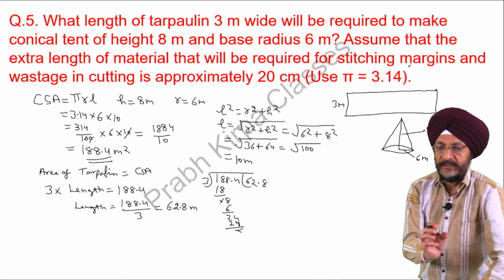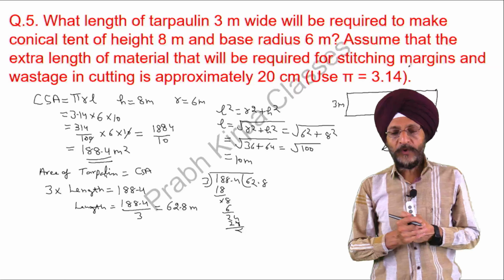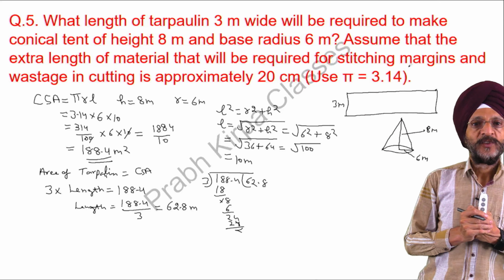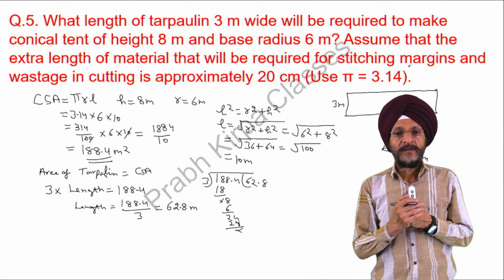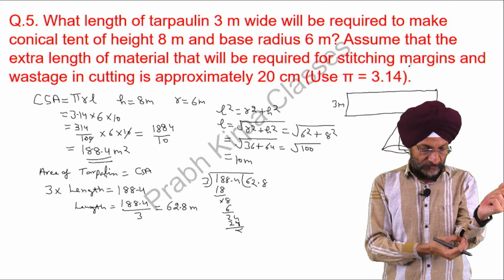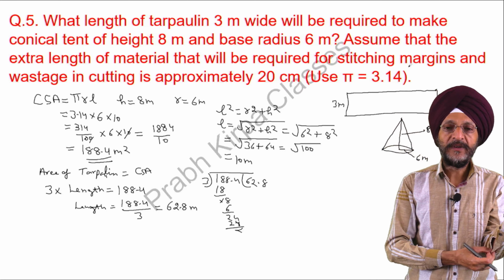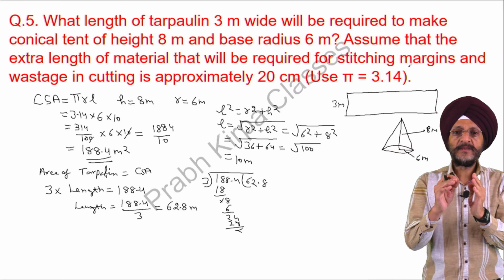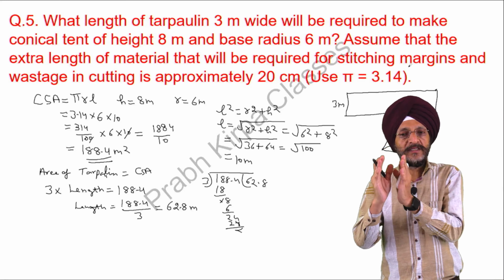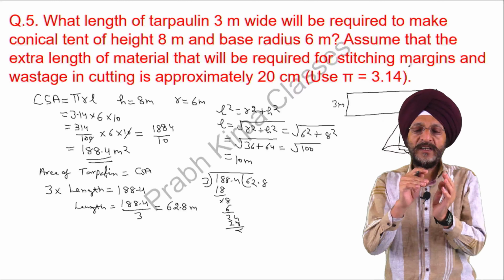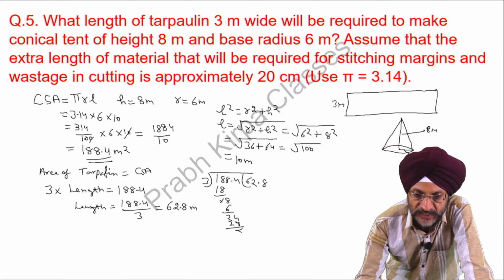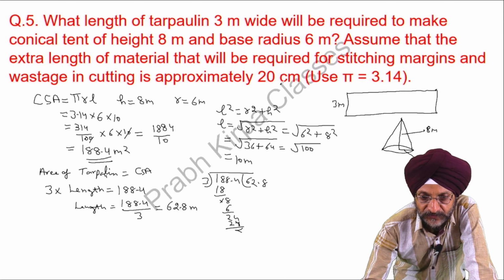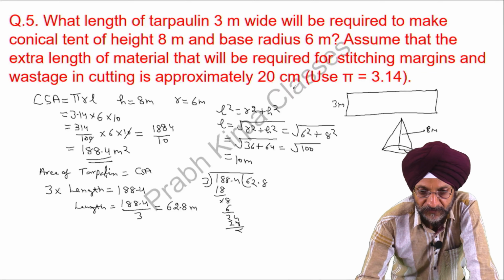But here we have been given that some cloth will be wasted in stitching or cutting. Just as cloth is folded to make a shirt, in the same way when the tent is made, some tarpaulin is wasted in cutting or folding or in stitching margins. So what is the stitching margin? It has been given as 20 centimeter.